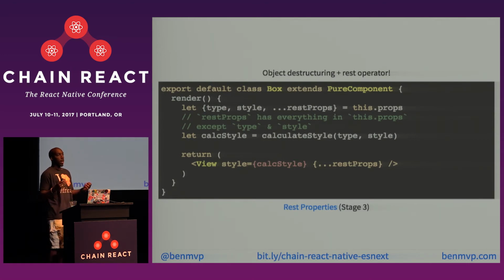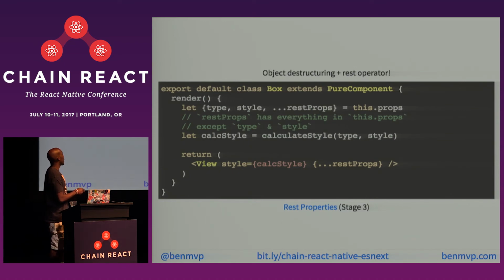It's a quick way of doing something like a Lodash omit to get the rest of the object. So I'm getting out title and style in this fictitious example, calling calculateStyle to come up with some new calculated style, assigning it to the View, and then using JSX spread to spread restProps into there so I don't have to define each one of the props, because I don't even know all the props that would be inside of restProps.